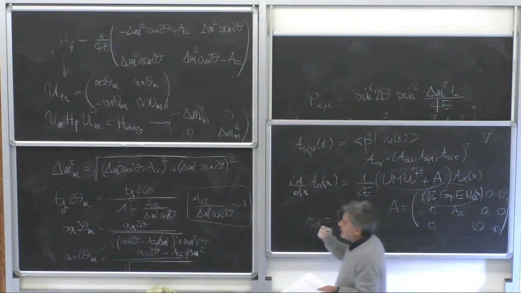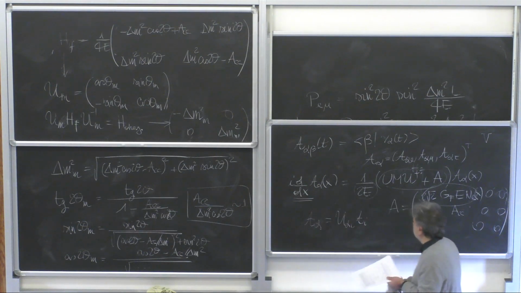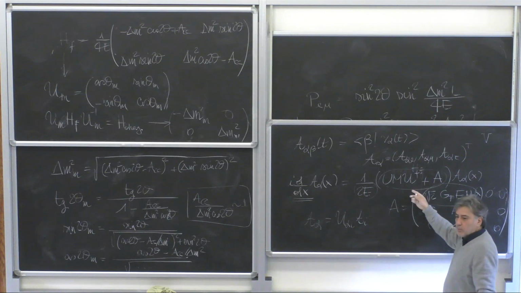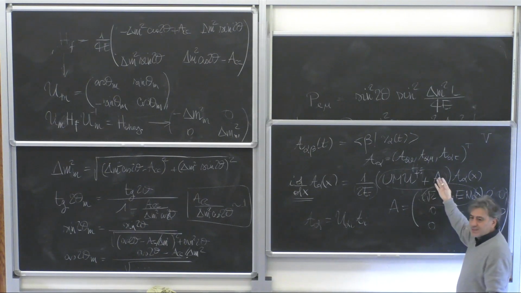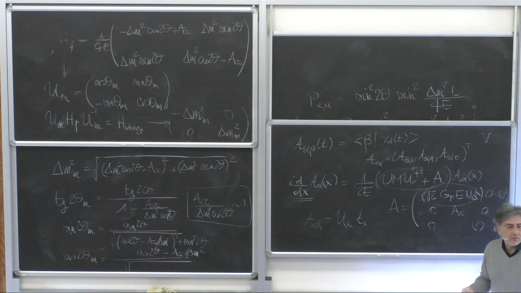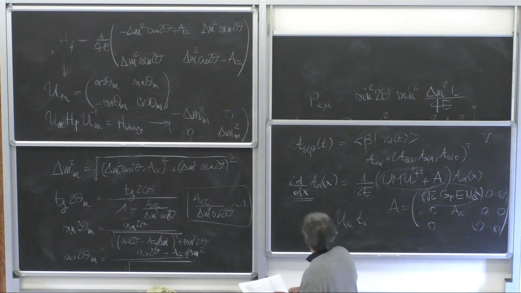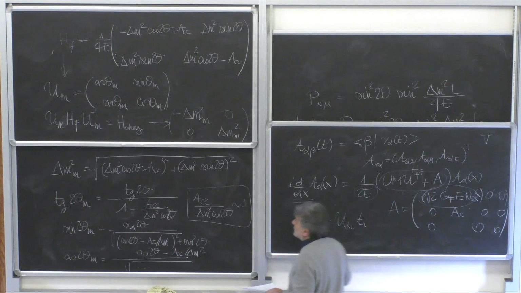We have done, okay, here is a derivative, and we have obtained this formula for constant matter potential. If this is not true, there will be additional terms, and let's write the result.